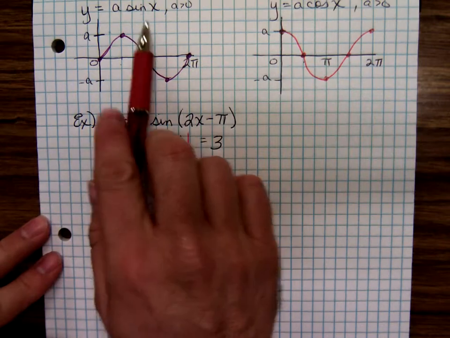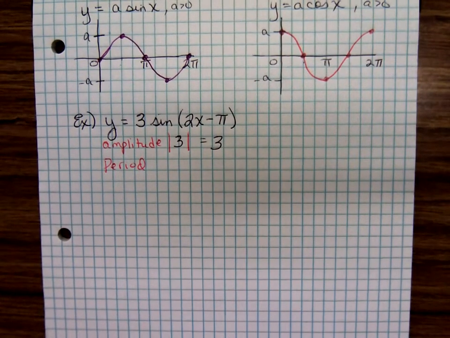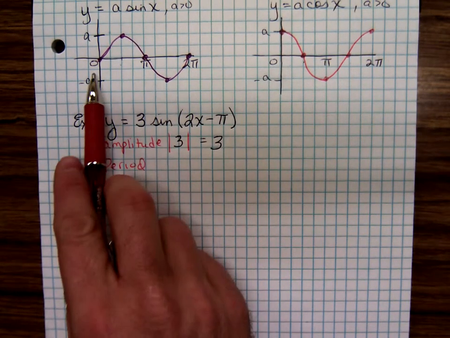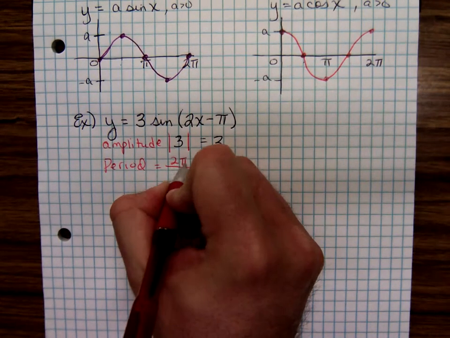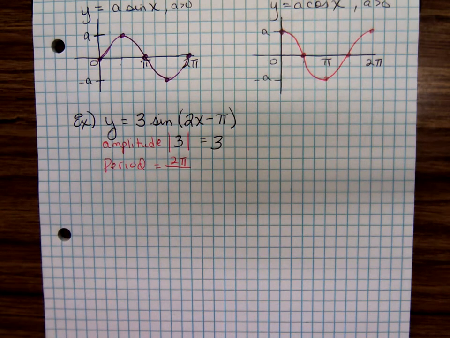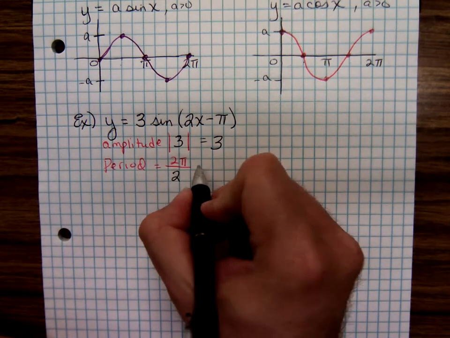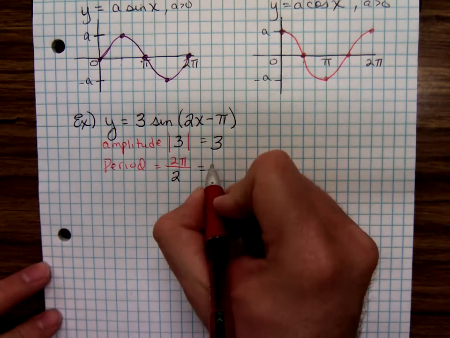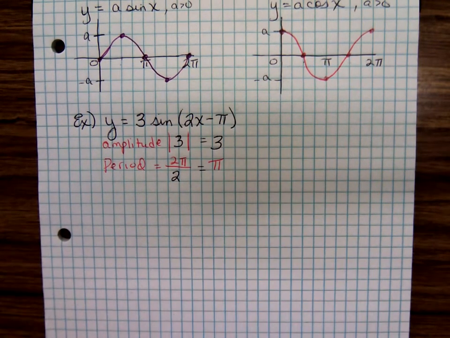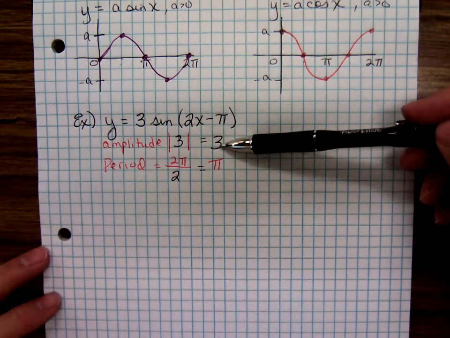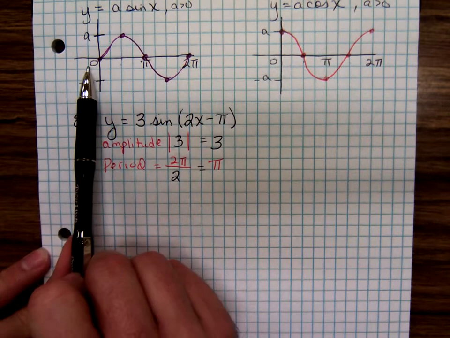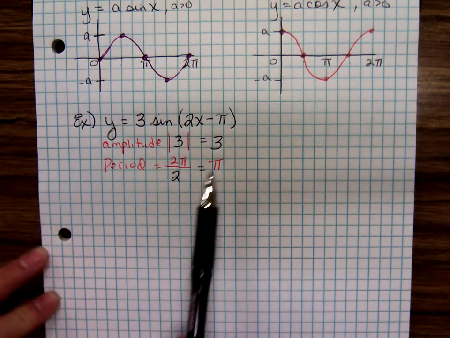So 0 to 2 pi for y equals a sine x, the period would just be 2 pi. In general, the period is 2 pi over the coefficient of x. And the coefficient of x here is 2. So the period would just be pi. So instead of bouncing between 1 and negative 1, or a and negative a, it's bouncing between 3 and negative 3. The distance on the x-axis that's required for it to make one cycle is pi units.